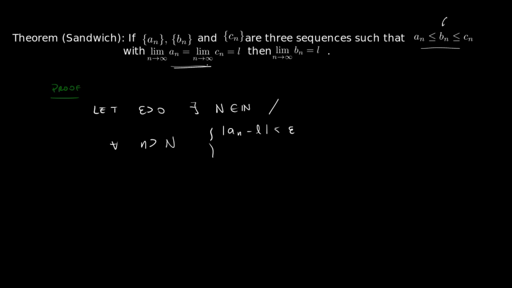And also the limit of C sub n is L. So the absolute value of C sub n minus L is smaller than epsilon. What this is telling us is that minus epsilon is smaller than a n minus L, smaller than epsilon. Then L minus epsilon is smaller than a sub n, smaller than L plus epsilon. And the same here.